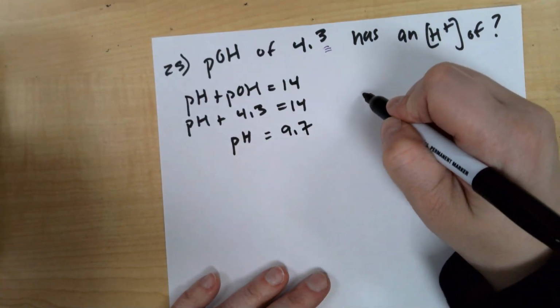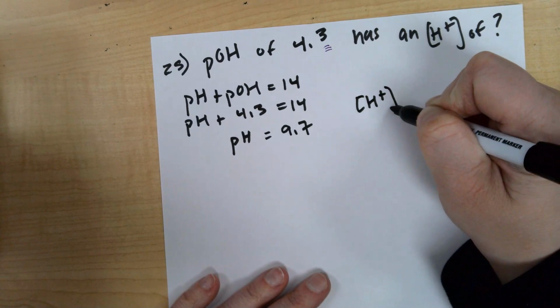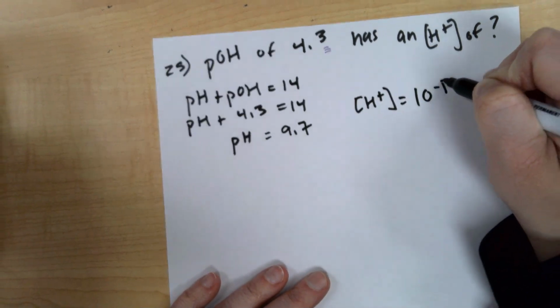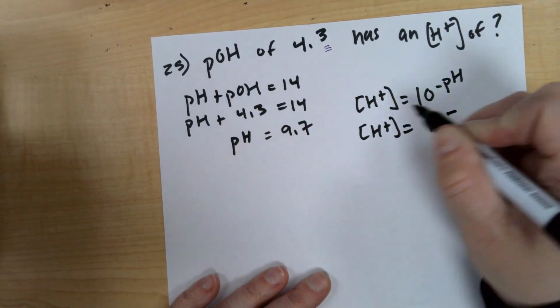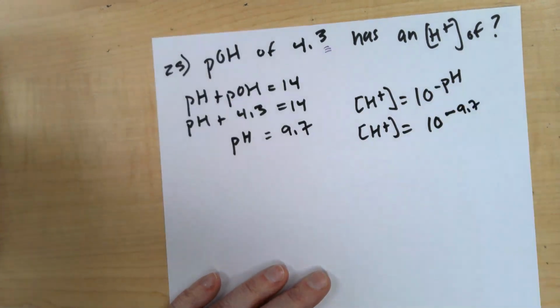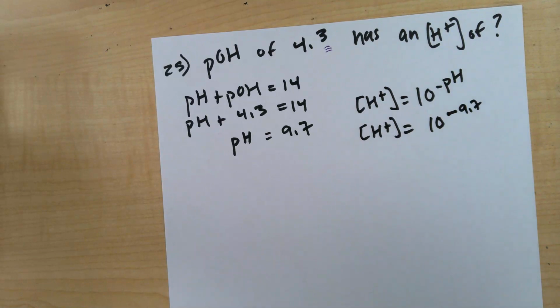So now I can plug it into that formula that tells me what H plus is, which is 10 to the minus pH. So that means that H plus concentration should be equal to 10 to the minus 9.7. So we're going to do 10 to the minus 9.7.